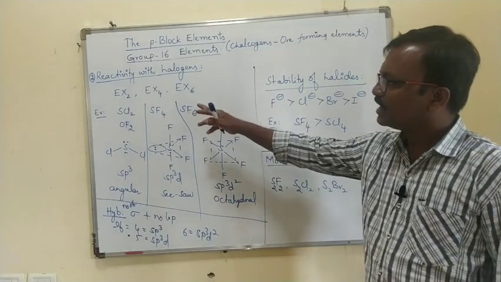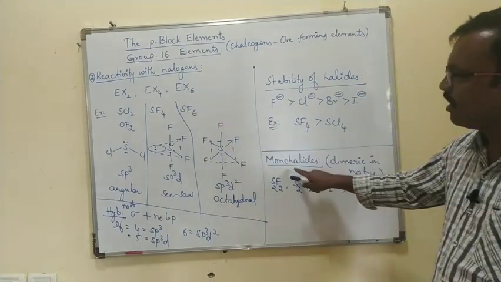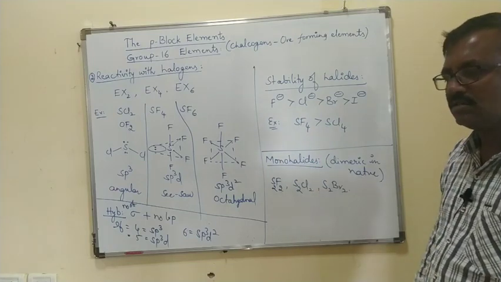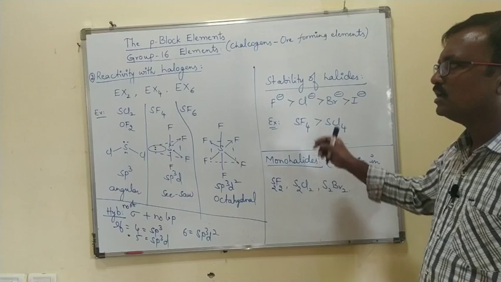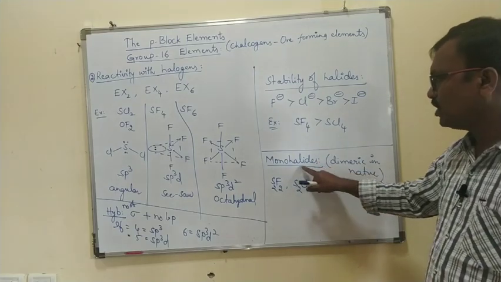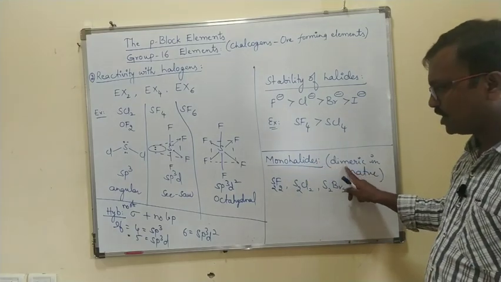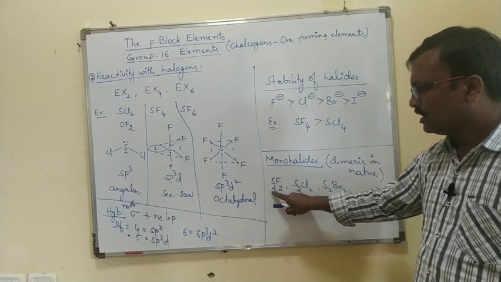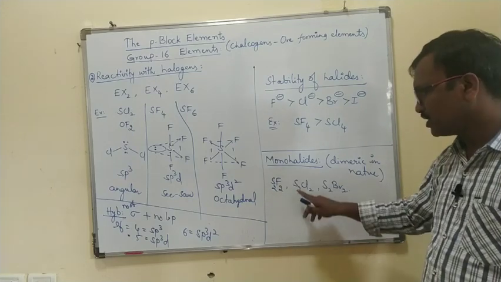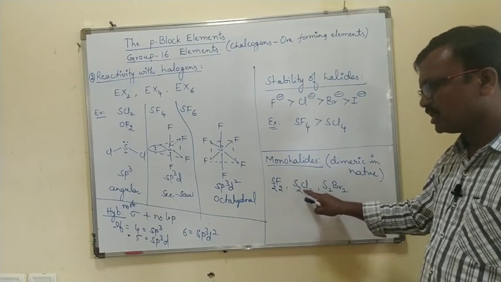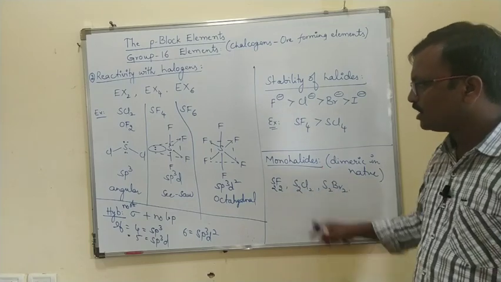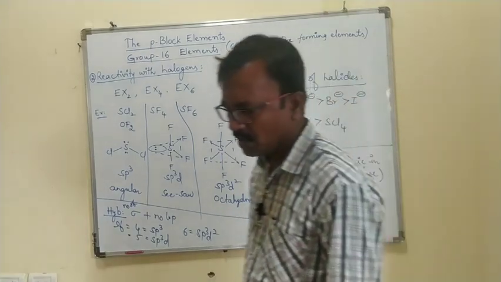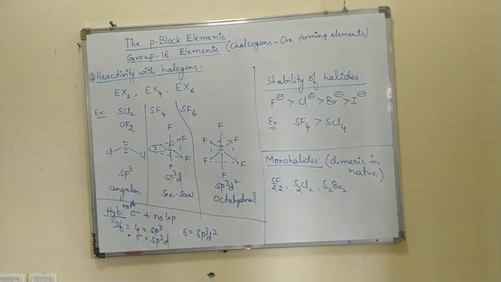Along with dihalide, tetrahalide, hexahalide, the formation of monohalides is also possible in this 16th group elements. Monohalides are generally in the dimeric state. That means SF is a monohalide. So S2F2 is a dimer similar to S2Cl2, S2Br2. These are dimeric in nature, right?